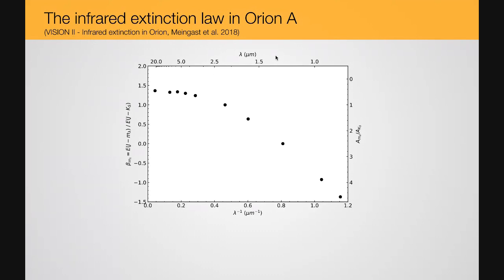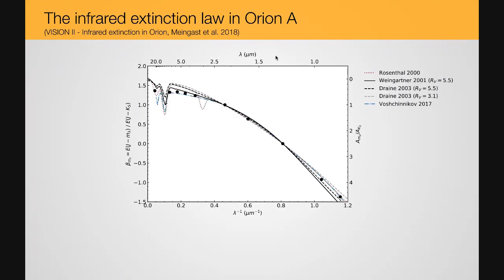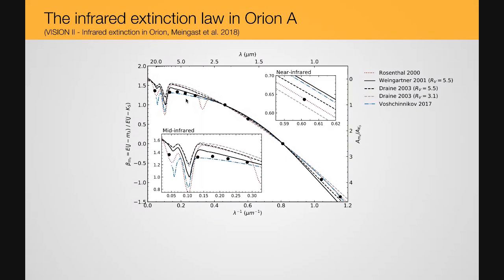To show that this makes sense, here are a couple of models you can use, most prominently perhaps the Weingartner-Draine models. There is a nice fit already when you look at the measurements for the entire cloud. You can zoom in on the near-infrared portion and the mid-infrared portion, and you see that there is a flat mid-infrared extinction law.